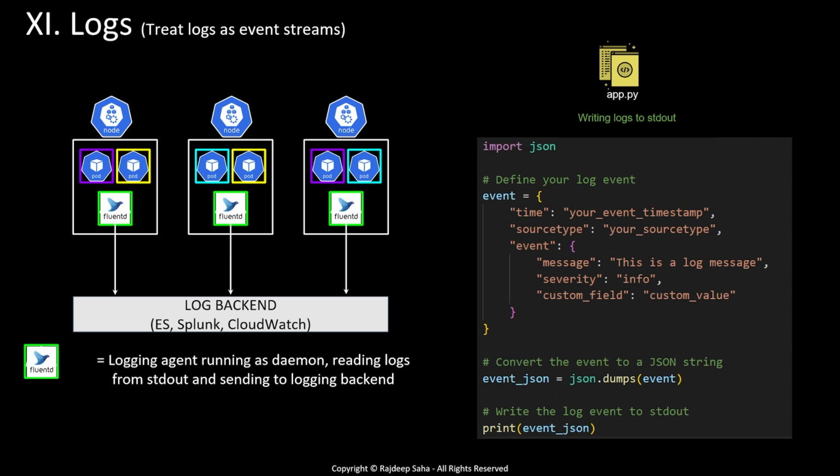So on the right, the code simply has business logic. You do a print of event underscore JSON, and it's going to write it to stdout. FluentD is going to read from stdout and send it to the appropriate logging backend. Now, FluentD is the most popular log forwarding agent for Kubernetes. You got the idea.